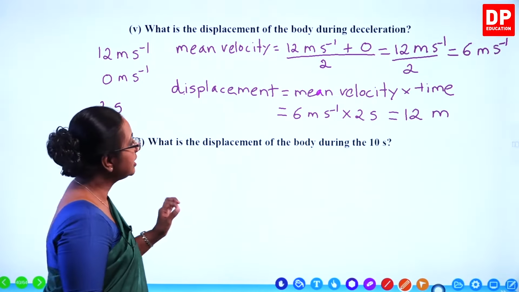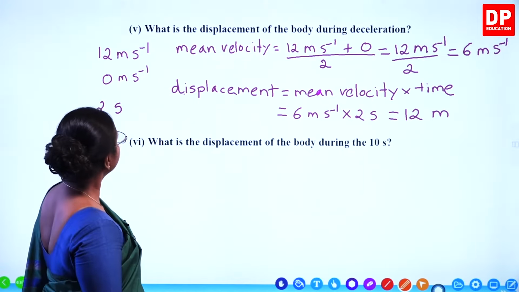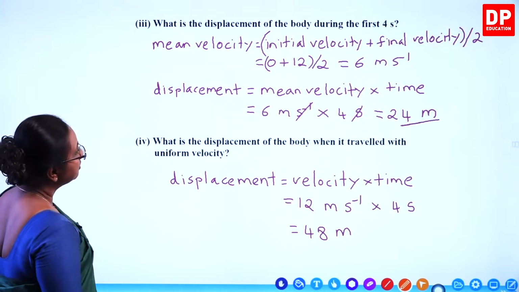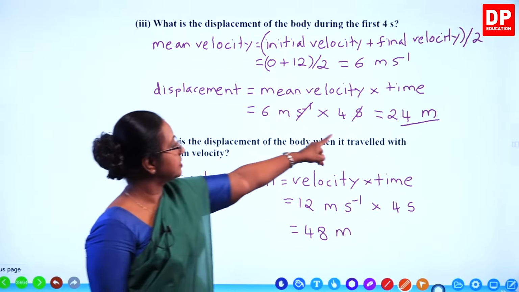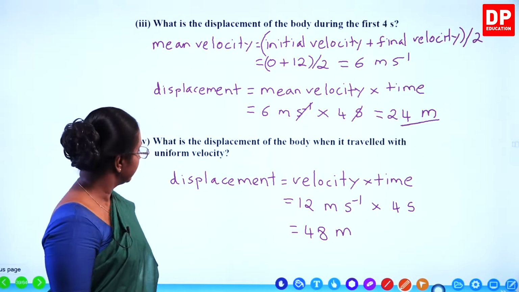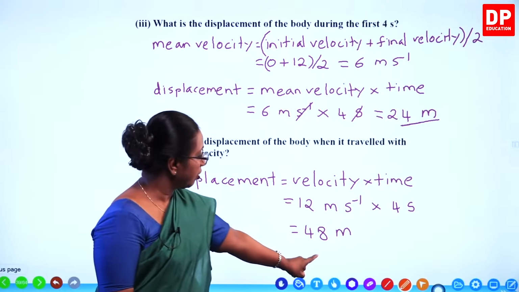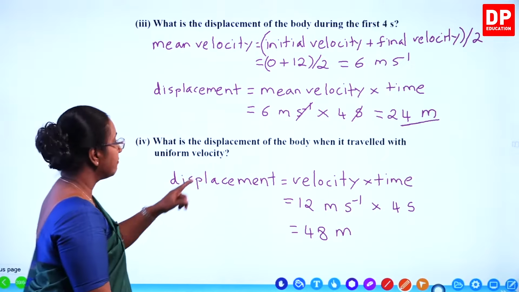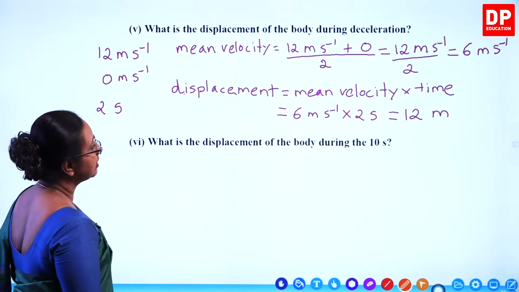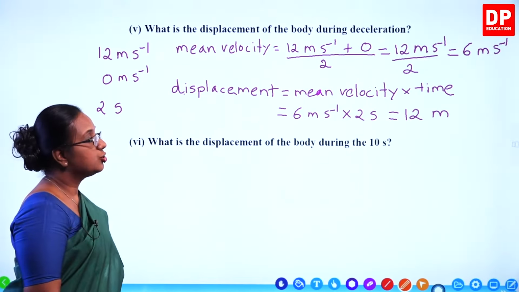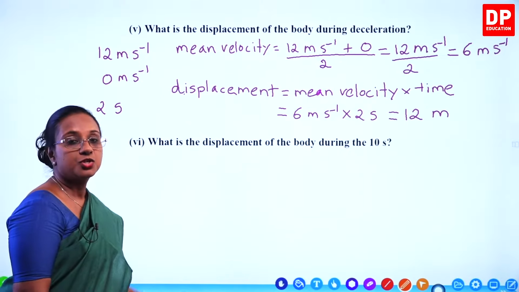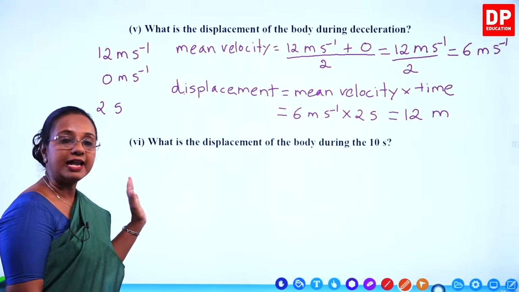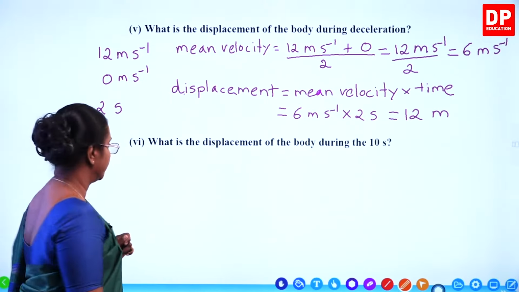You all can see, children, initially the object is accelerated, then it displaced by 24 meters, then again with constant velocity it was 48 meters, and finally with deceleration it is 12 meters. So for the total displacement we will have to add up all the values.